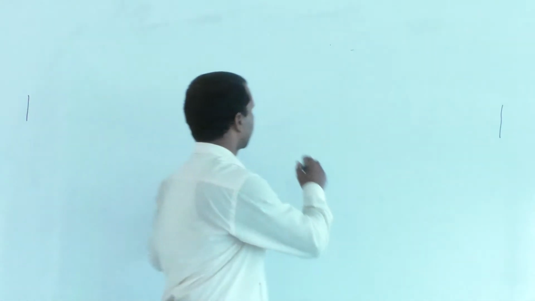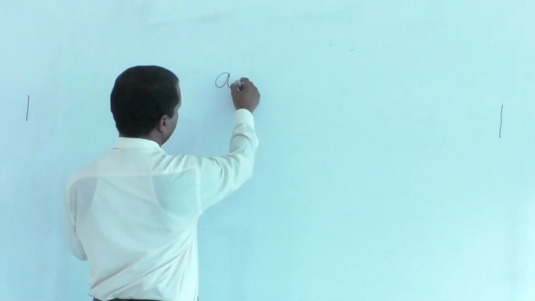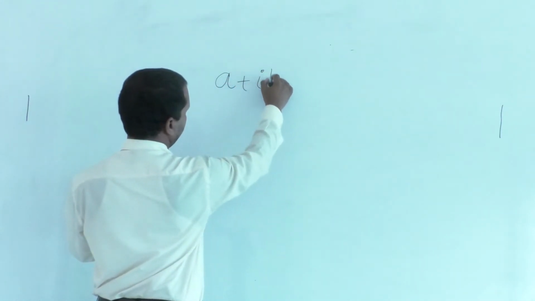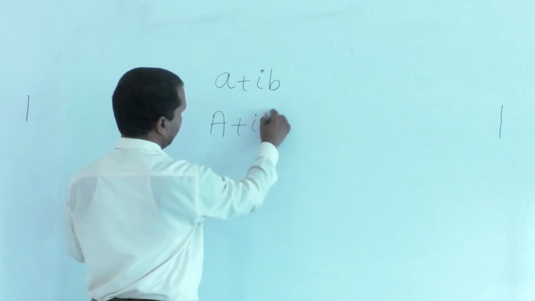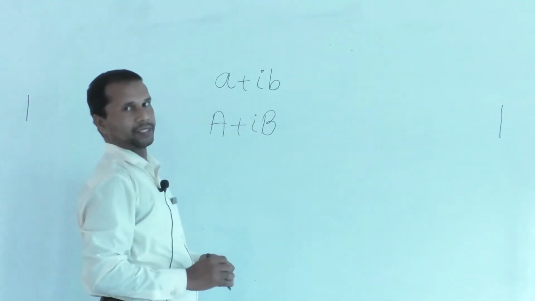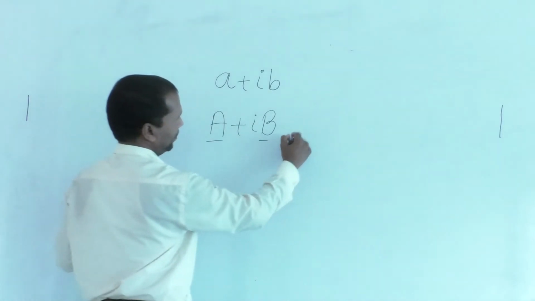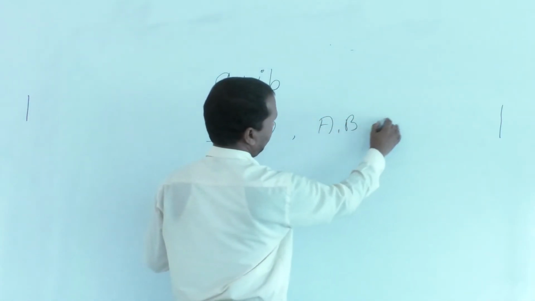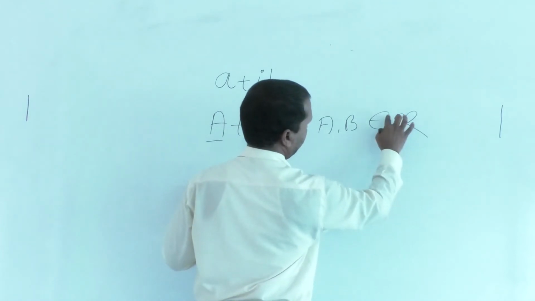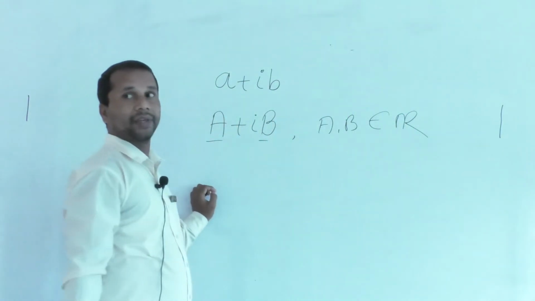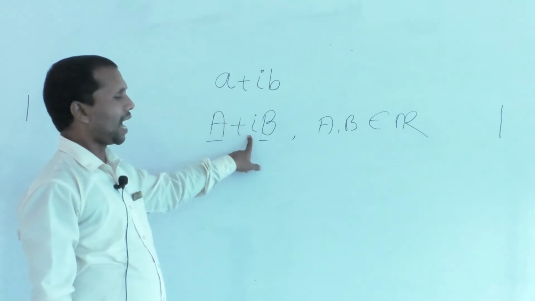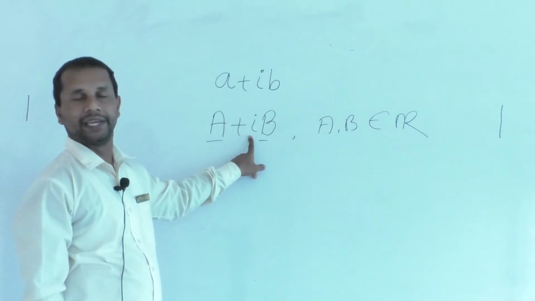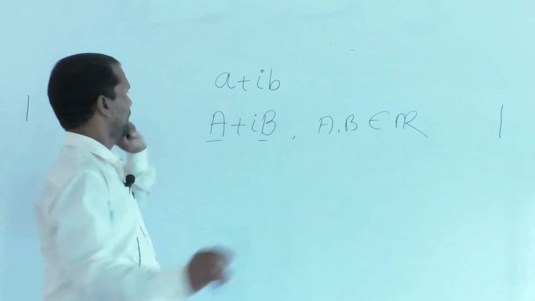So any number of the form a plus ib, or capital A plus ib, is known as a complex number, where A and B are members of the real numbers.